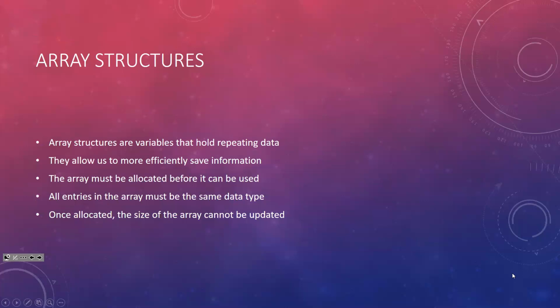And I could use an array instead to hold all of those values more efficiently in basically one variable or one object. Now, when I use an array, I have to allocate it before I can put any data into it. So I have to tell the system how big it's going to be.